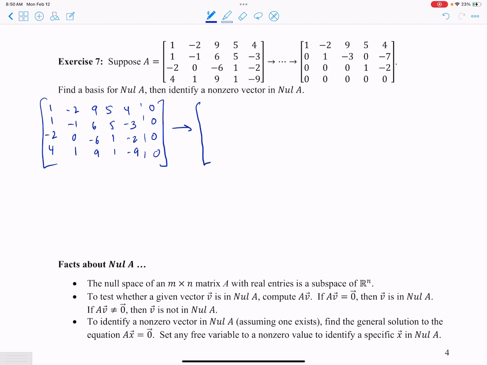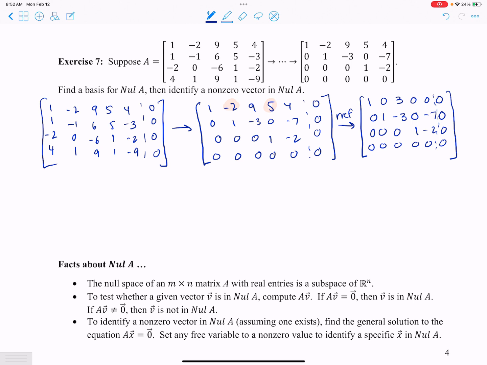When you row reduce, that last column doesn't change, so I know that I can just put this row reduced form in. To find the basis for the null space, it's very beneficial to have your matrix in reduced row echelon form, so all the values above the leading ones to be 0, so we're going to change those values.